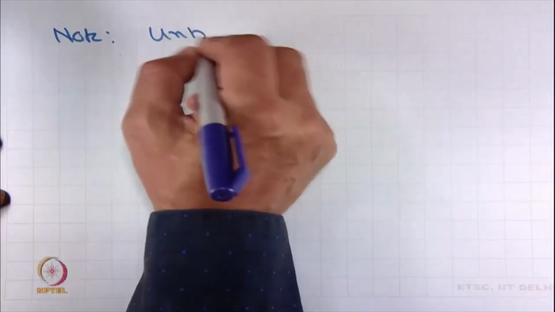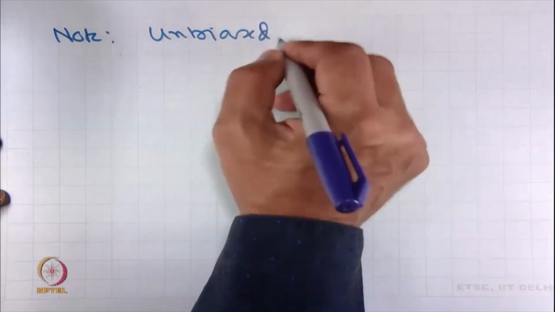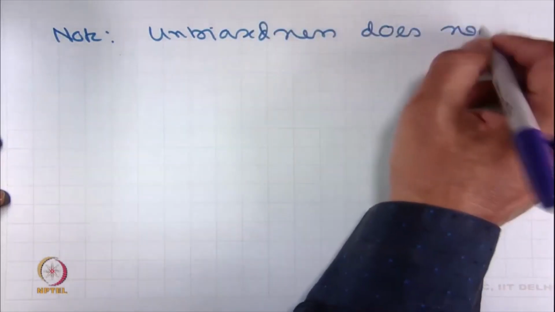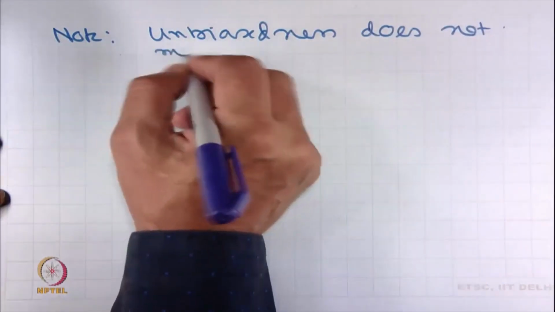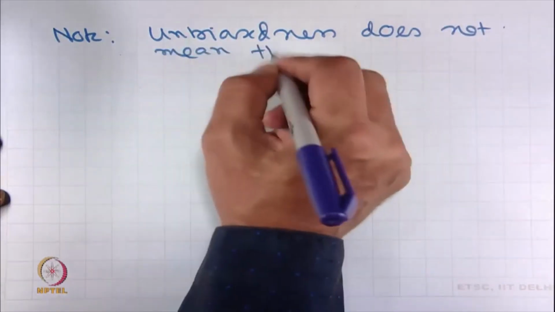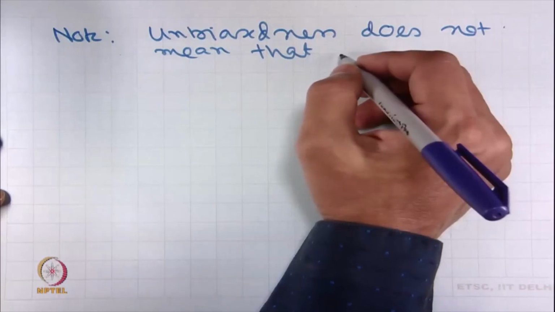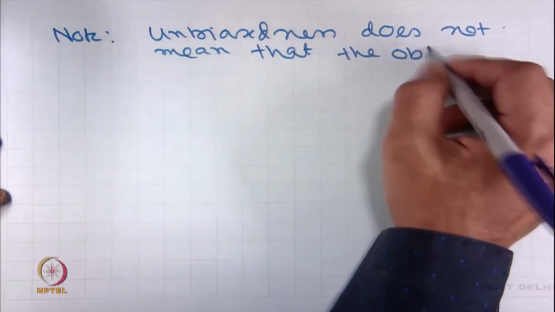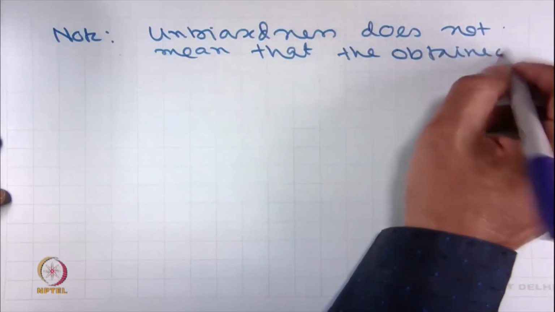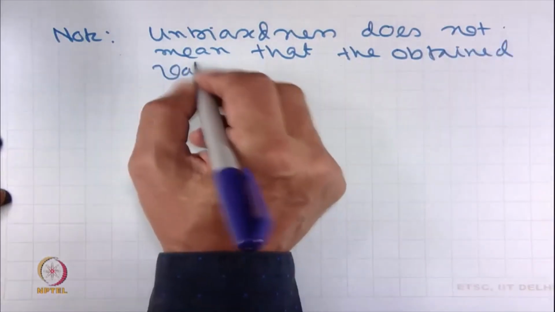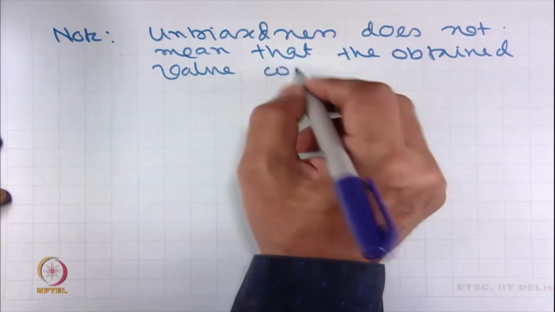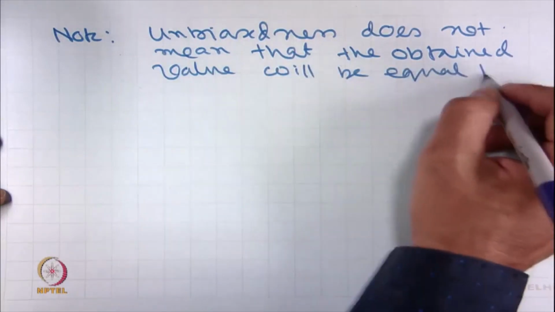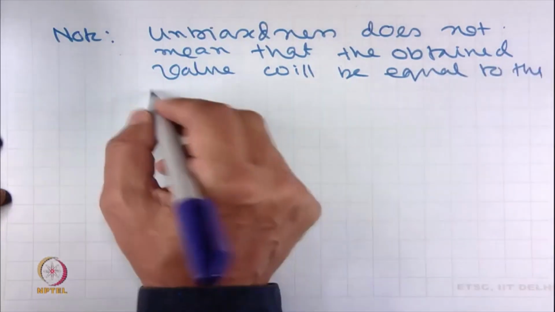Let me warn you on a point. Unbiasedness does not mean that the obtained value will be equal to the parameter theta.